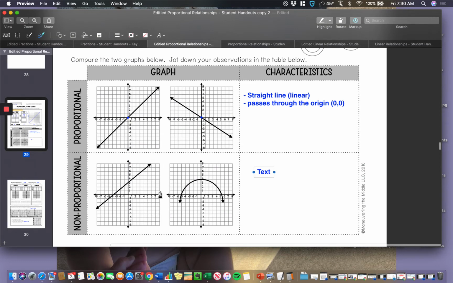Characteristics of non-proportional graphs, for example: both of these I have to look at, and specifically in both of these graphs I do not have a straight line.